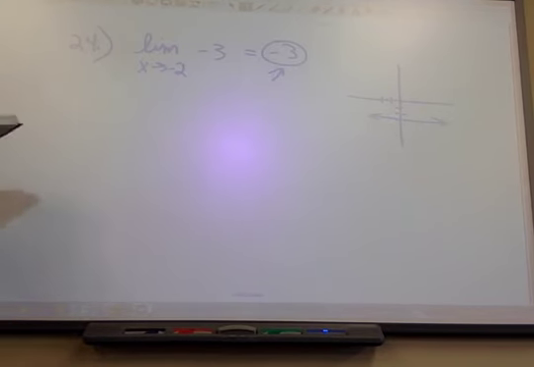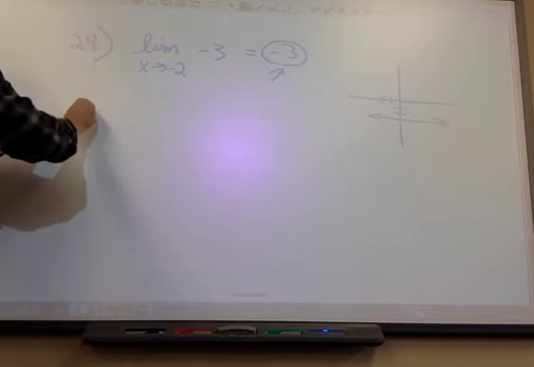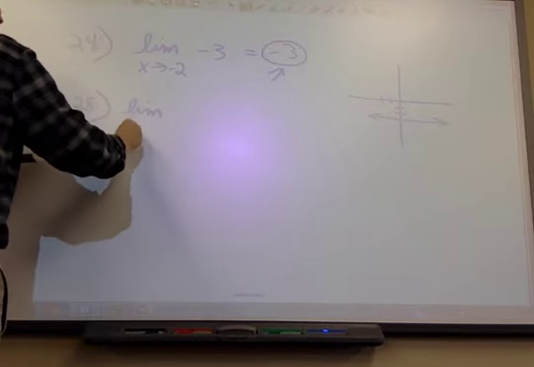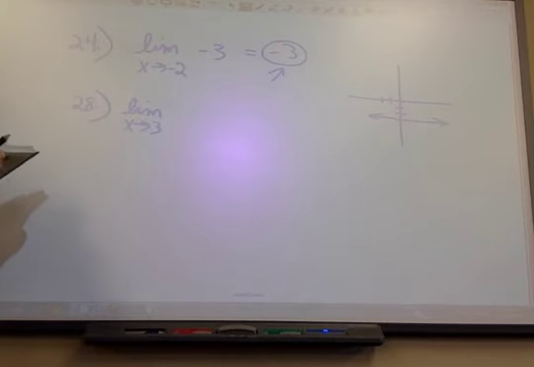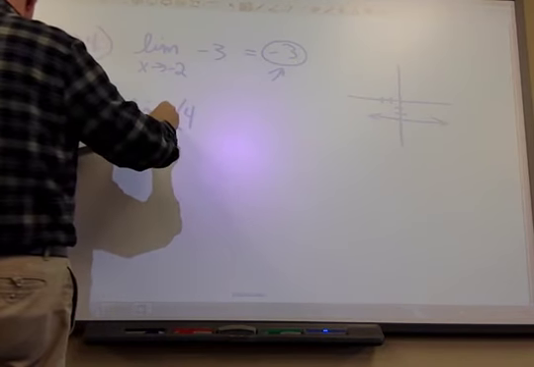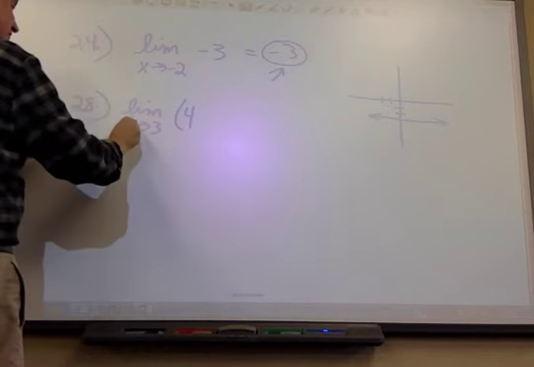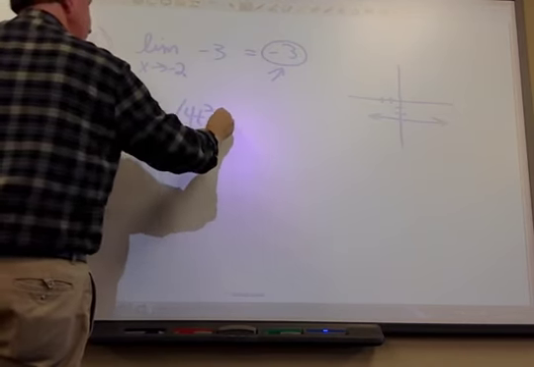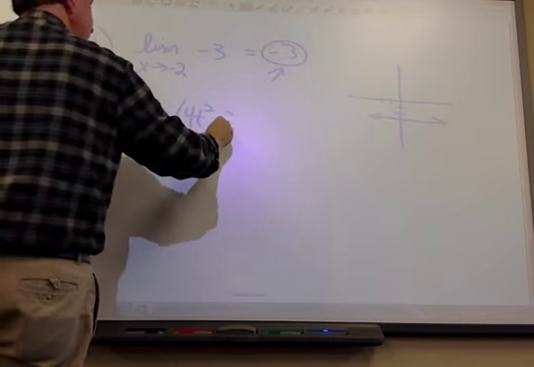What would you say about 28? The limit as t approaches 3 of 4t squared minus 2t plus 1. Or 4t squared, excuse me. These are t's. I could sketch that.